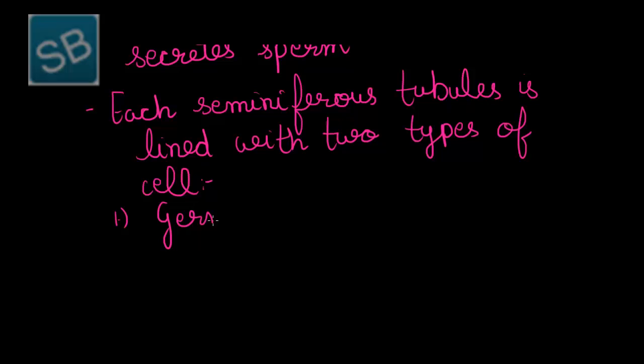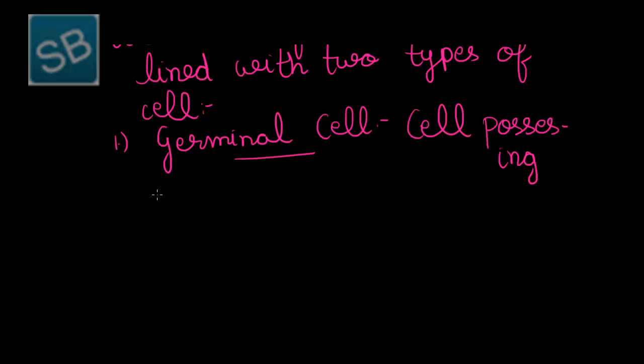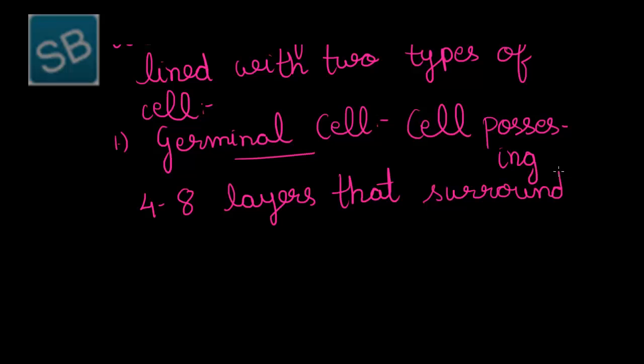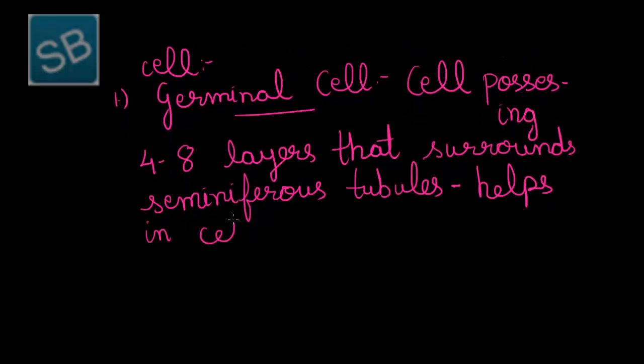A germinal cell possesses 4 to 8 layers that surround the seminiferous tubule, with the help of which differentiation and thereby production of sperms occurs, and therefore these cells help in cell differentiation to produce sperms.